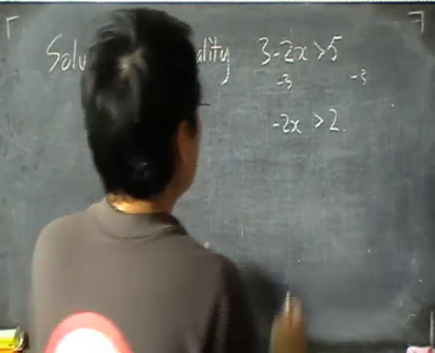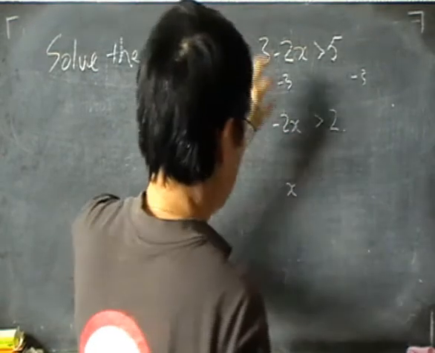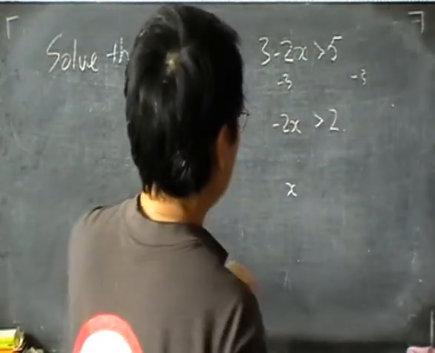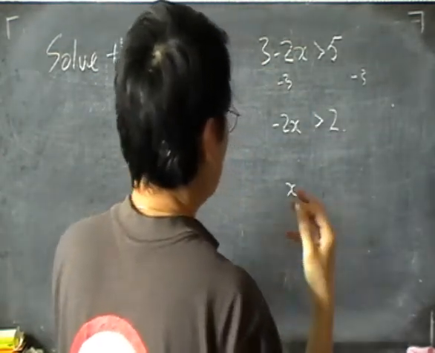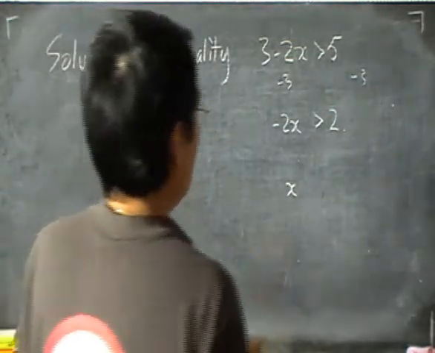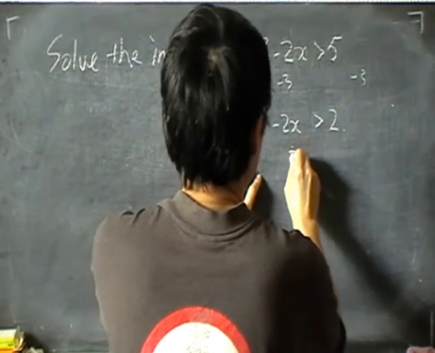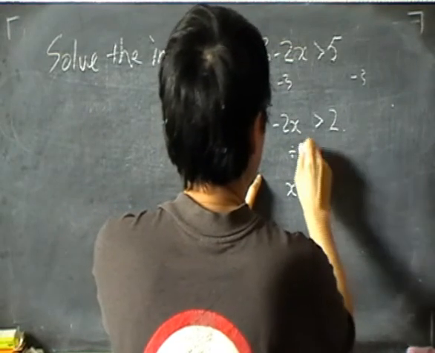Alright? So what we would do is to bring the minus 2 over to the other side. Now the way that I like to think about it is that we are really dividing both sides by minus 2.